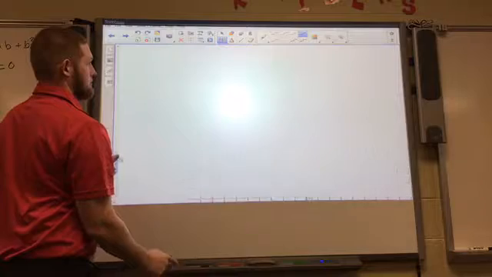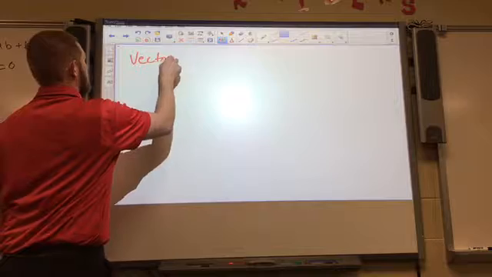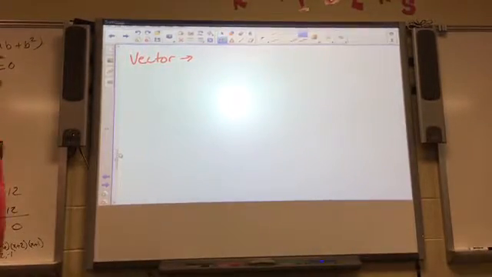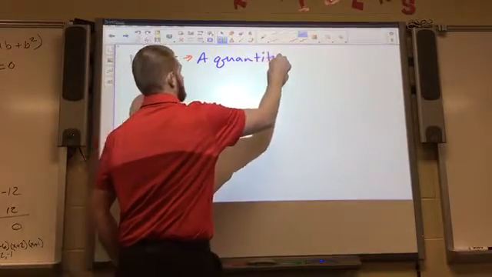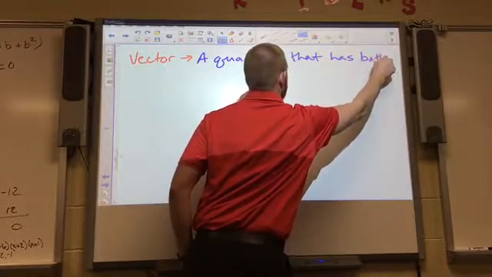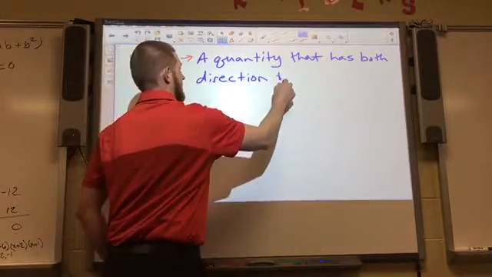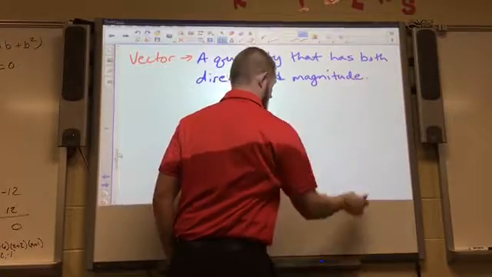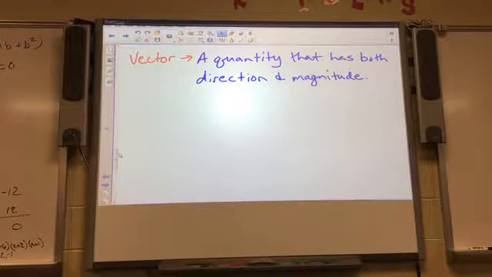The definition of a vector is a quantity that has both direction and magnitude. What's magnitude mean? Size. It's just how big it is.